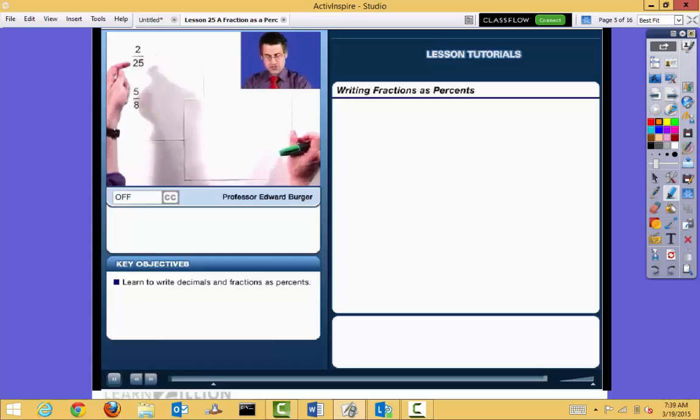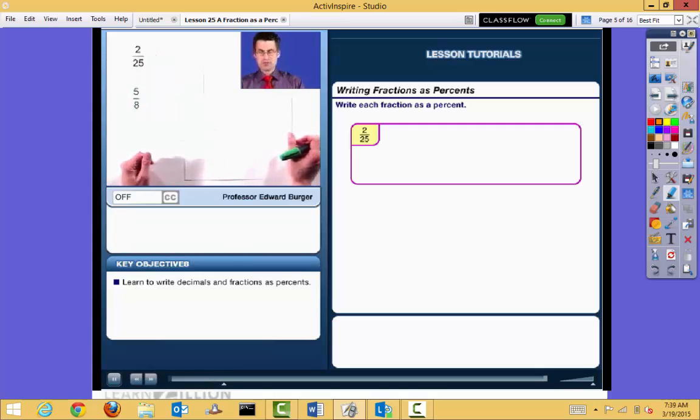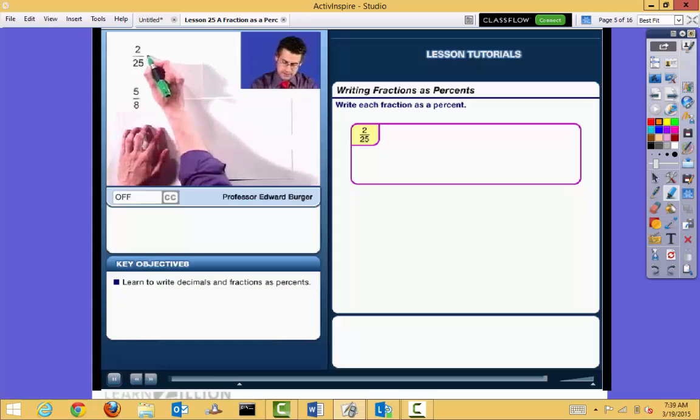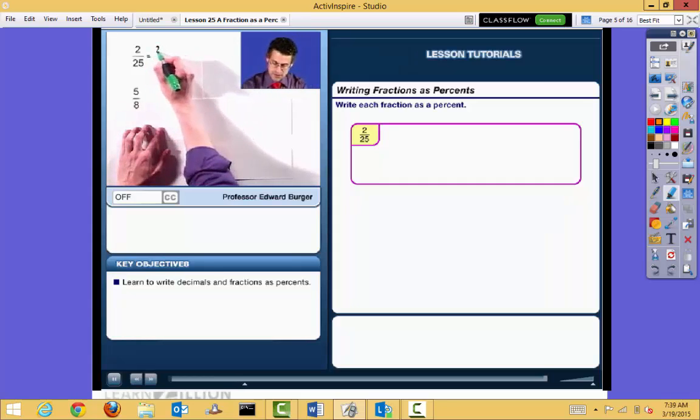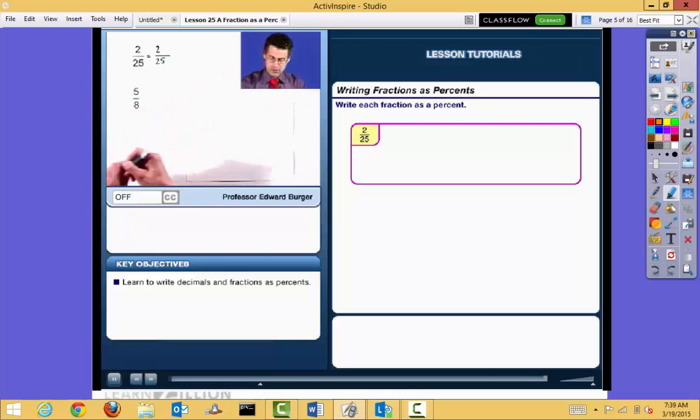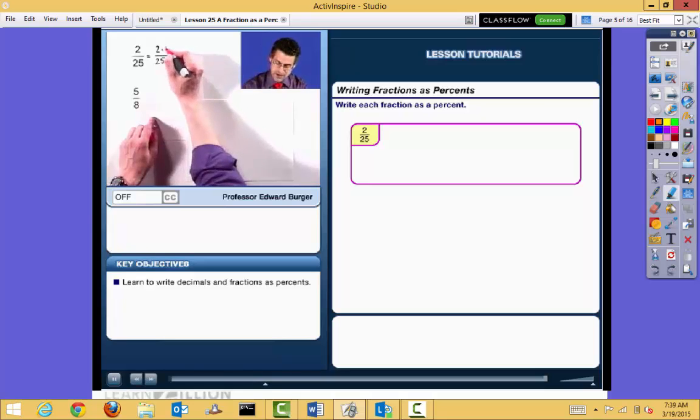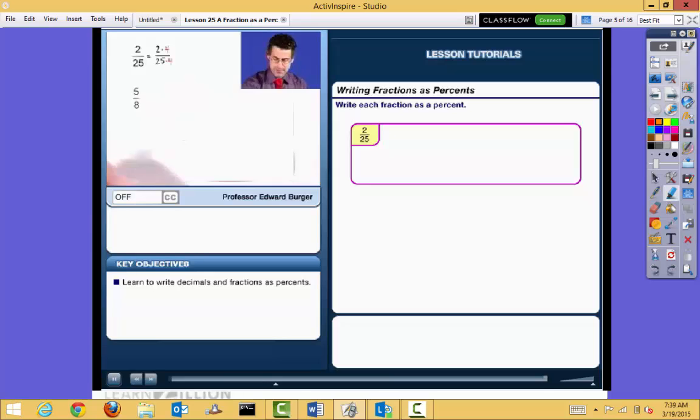Let's take a look at 2 over 25. If we take a look at 2 over 25, I notice something really neat. If I were to write this as an equivalent fraction, so not changing the value of anything, if I multiply the top and the bottom by 4, I don't change the fraction, but then look what happens.